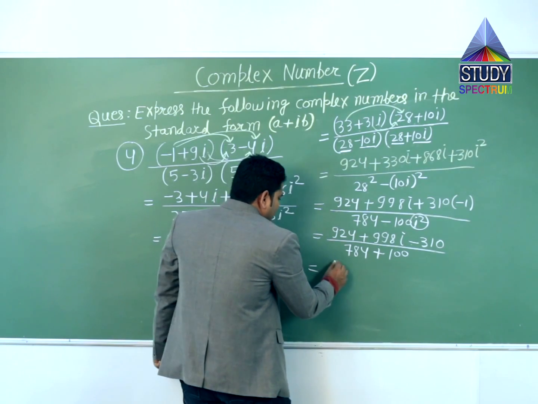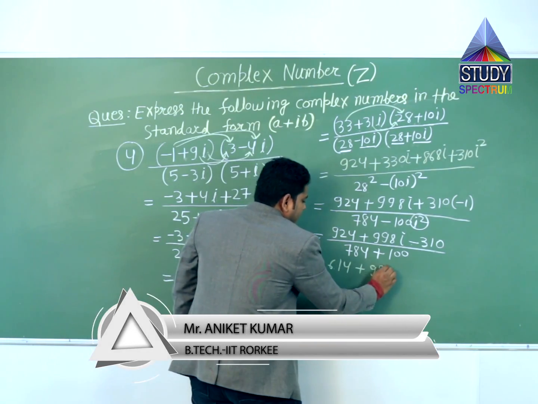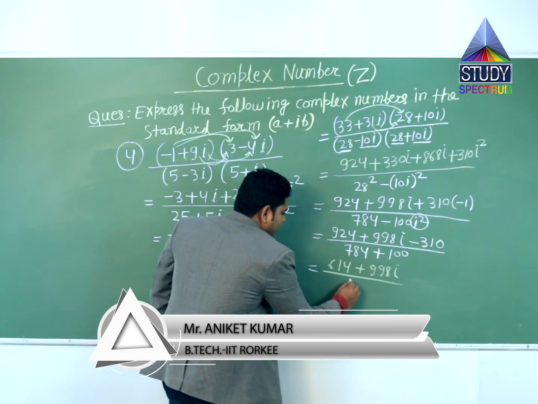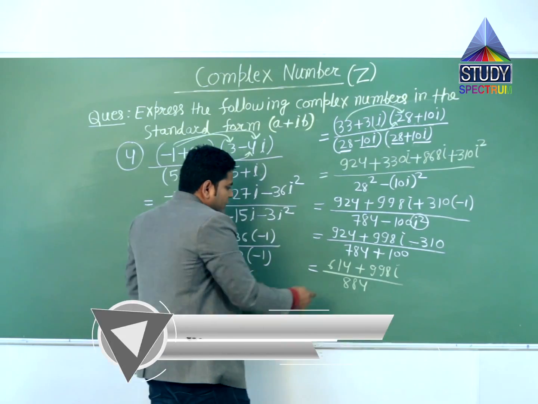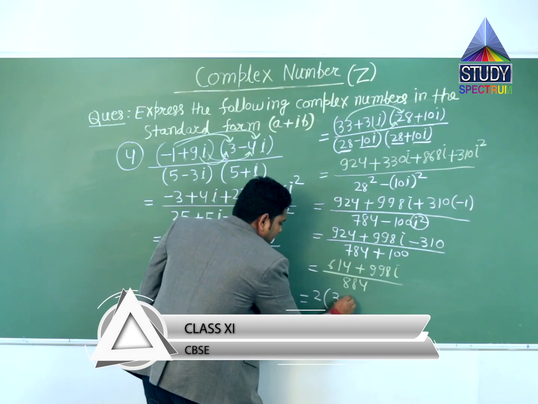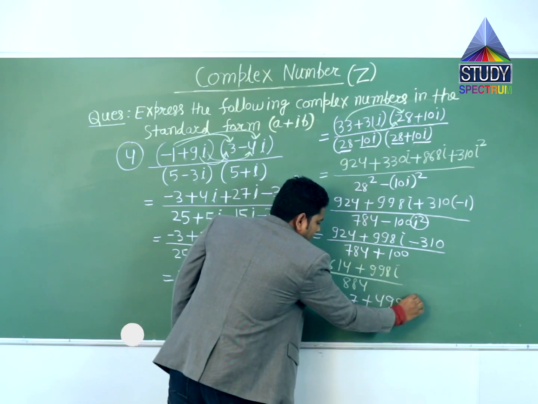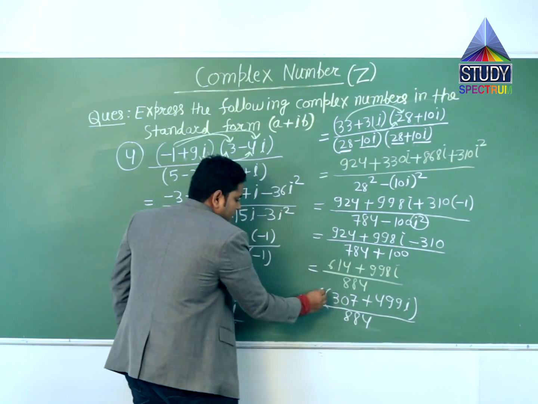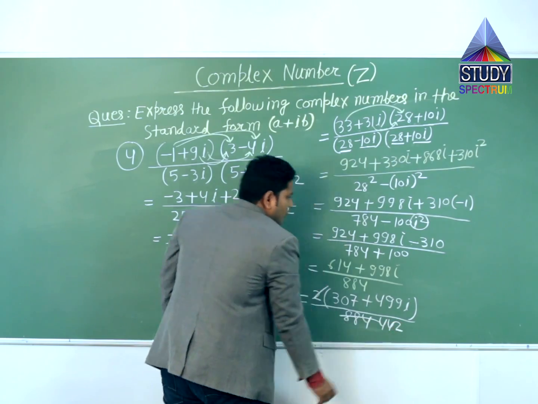So it will be 614 plus 998i upon 784 plus 100 is 884. Okay. So when you take 2 common from above, then it will be 307 plus 499i upon 884, and these 2 will cancel, making this 442.